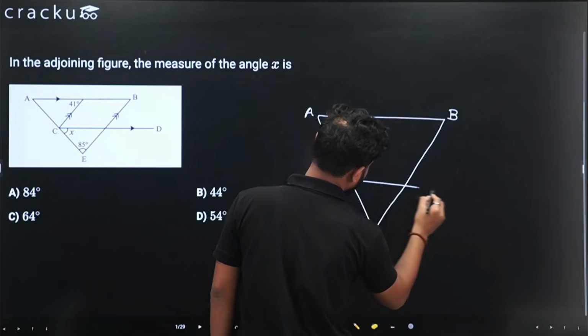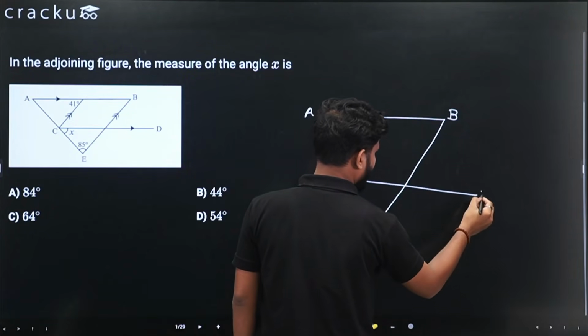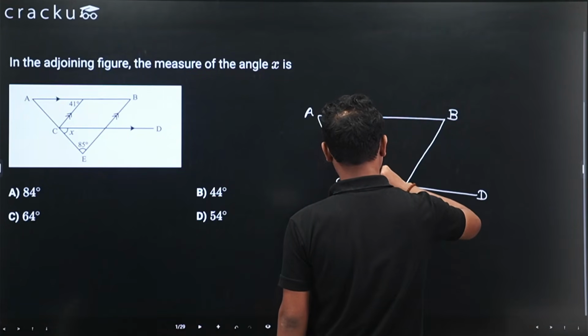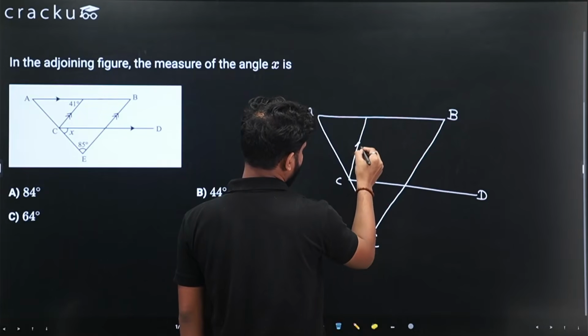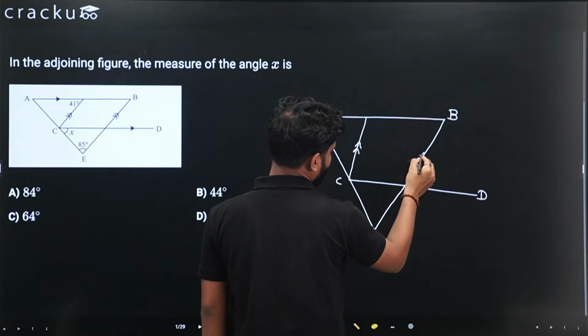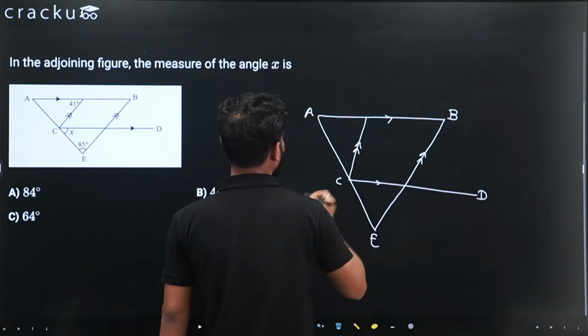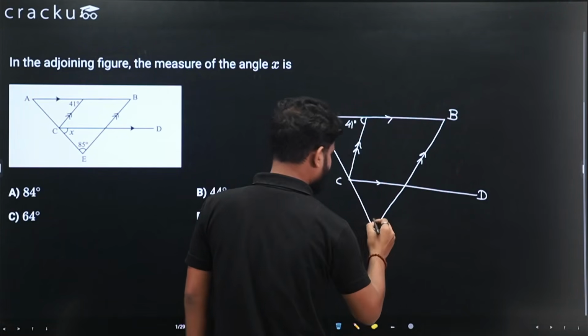Then CD, which is parallel to AB. And then I have this line which is parallel to this one. So these two lines are parallel and these two lines are parallel. And we are given this is 41 degrees and this is 85 degrees.